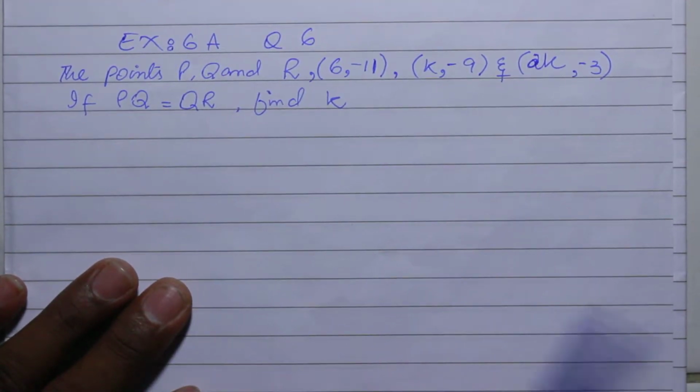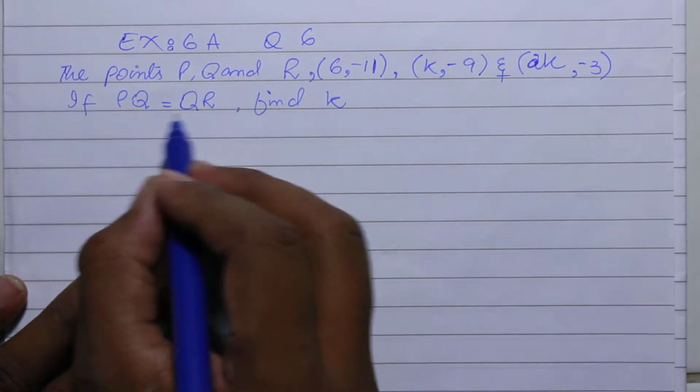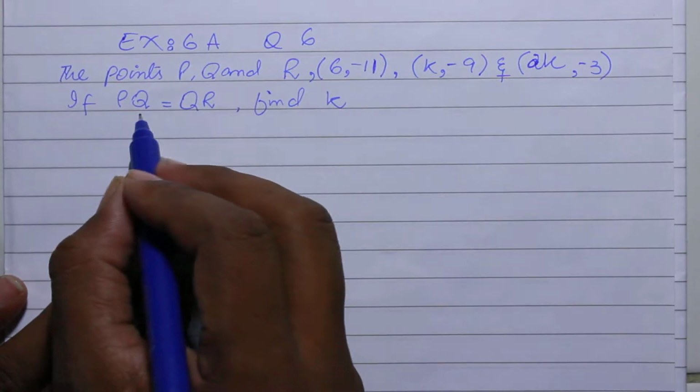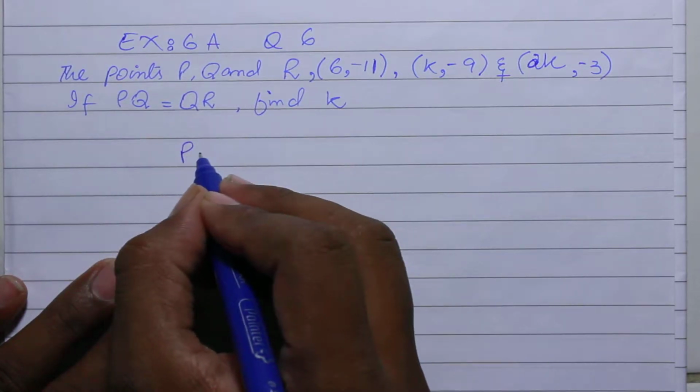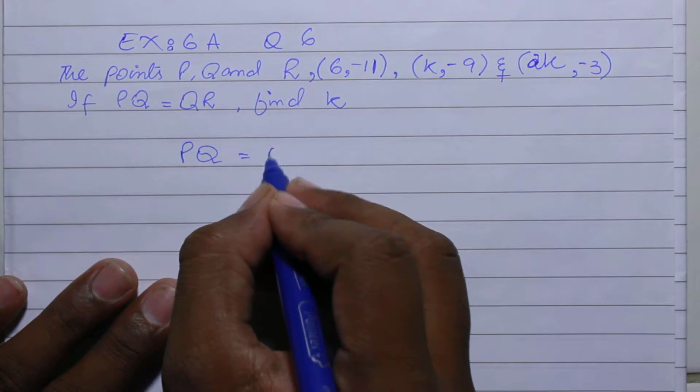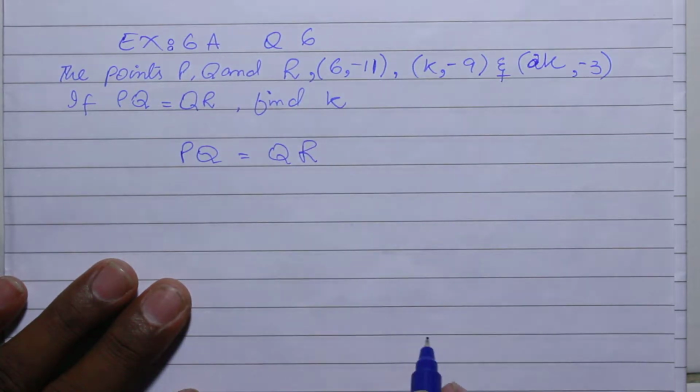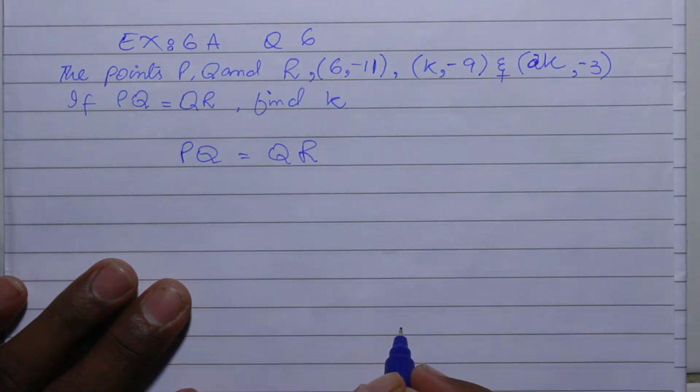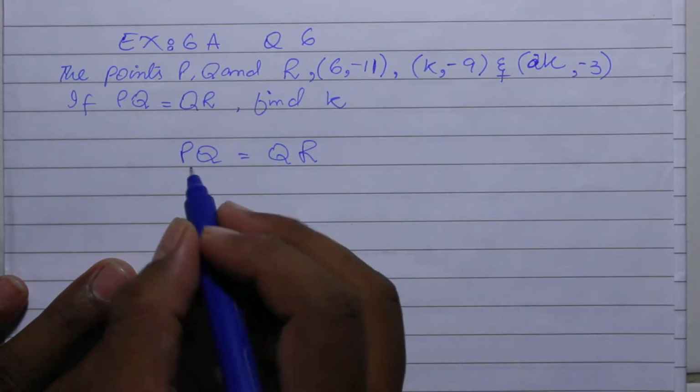Now, first of all, we must know that the gradients of these 2 lines are equal to each other. So we will write PQ is equal to QR. Now I have to write the gradient formula.